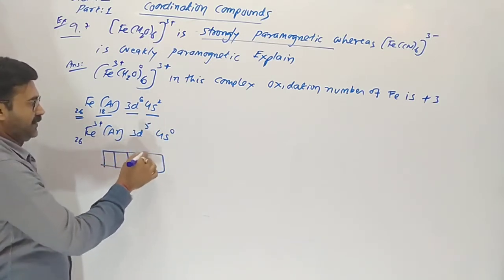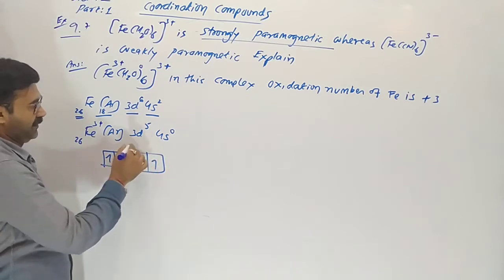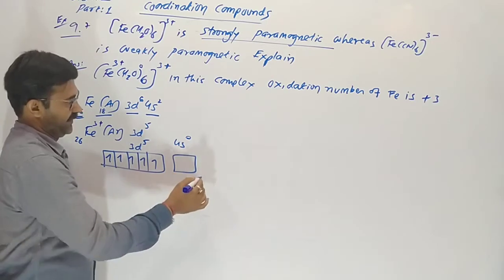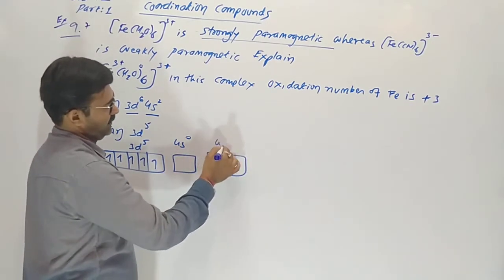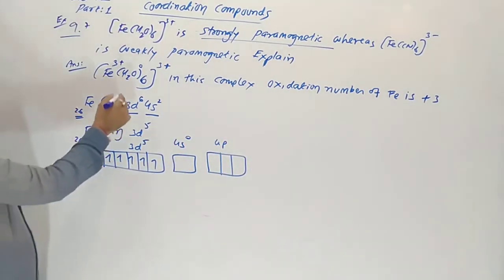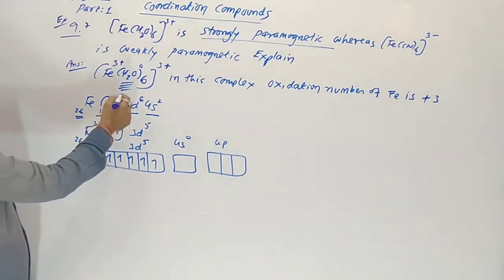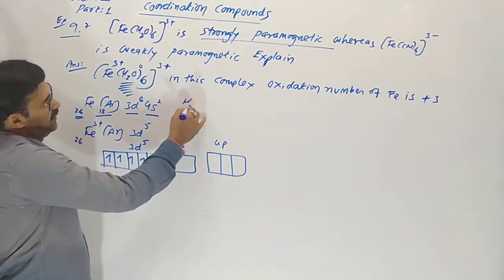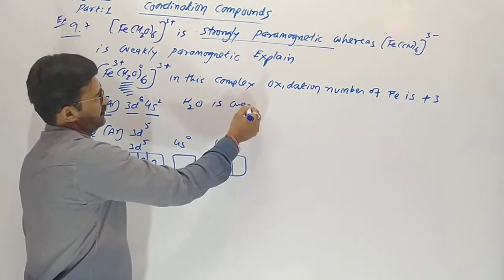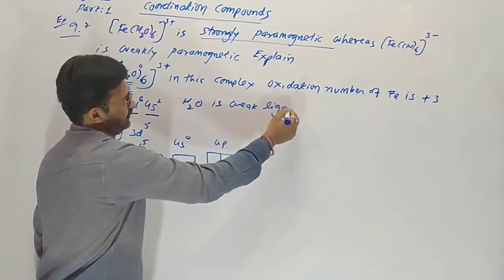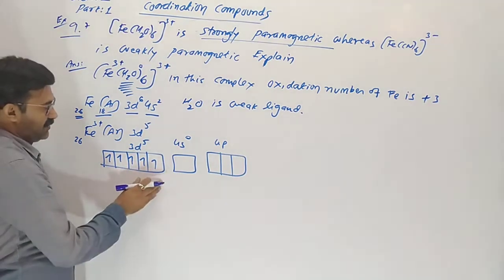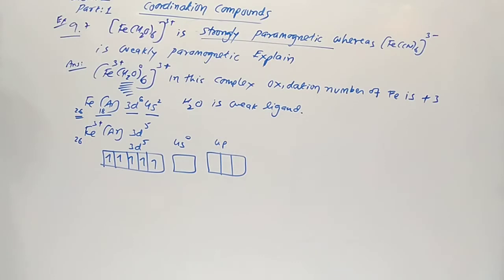So there are 5 electrons in the 3d orbital and 4s is completely vacant. 4p is vacant. Here 6 ligands are combining, so the needed orbitals are 6, which should be empty. But aqua is a weak ligand which is not capable of rearranging unpaired electrons into paired.